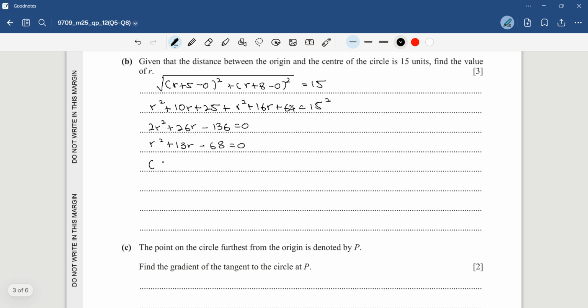So r minus 4 and r plus 17 equal to 0. So r equals 4 and r equals negative 17. Since r is the radius, r must be a positive number. Therefore, r equals 4. This is the only answer, and you reject the other.